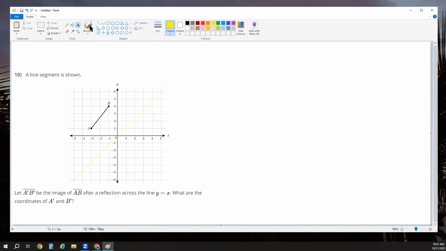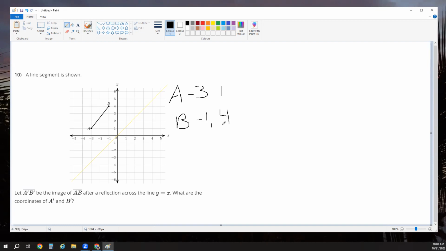So again, use the table. You have A: x is -3, y is 1. Then you have B: x is -1 and y is 4.